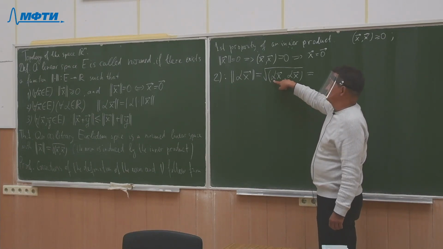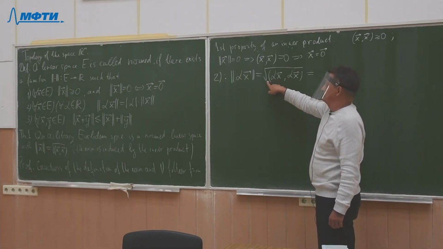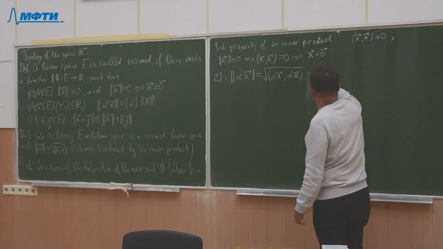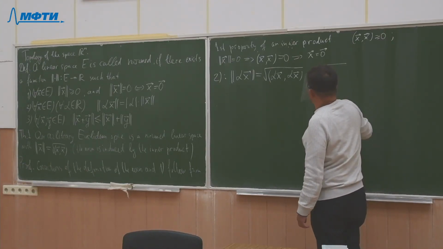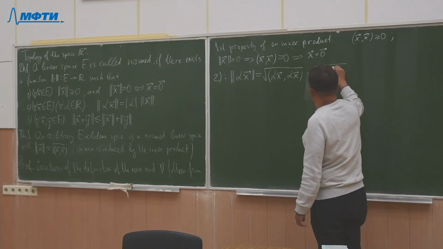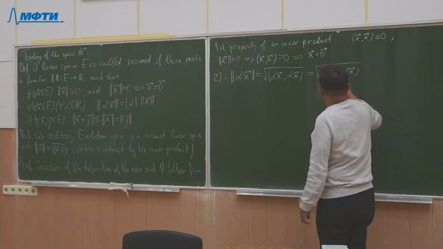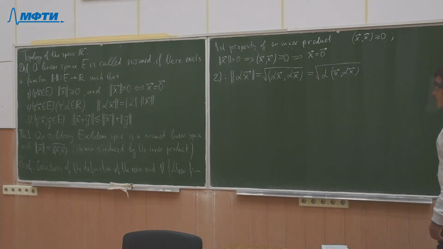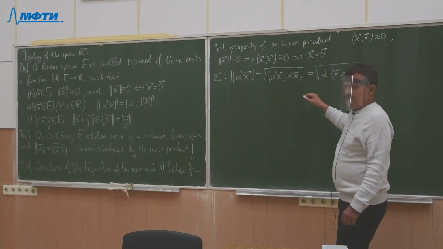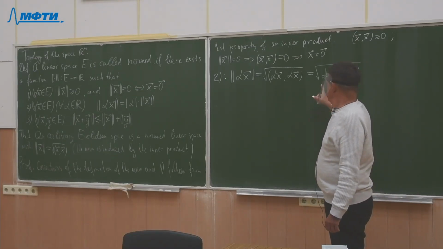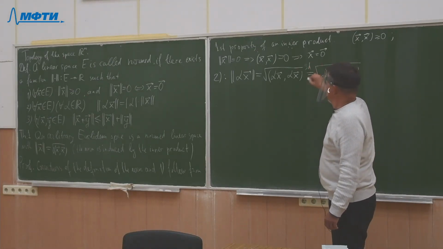We can put the scalar before the sign of the inner product. So I write square root of alpha times x, alpha x, that is the third property of the inner product.